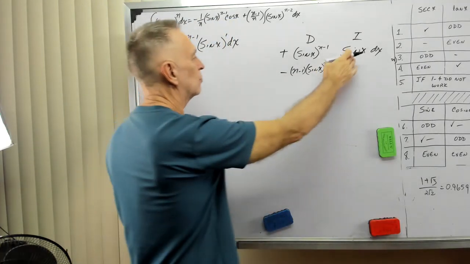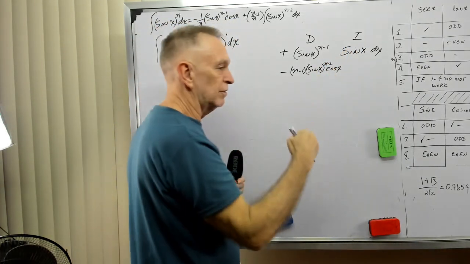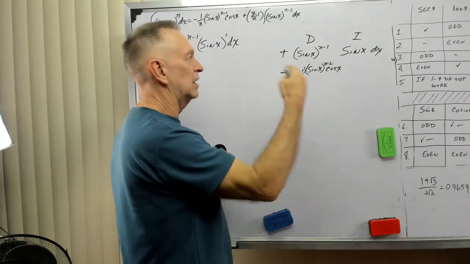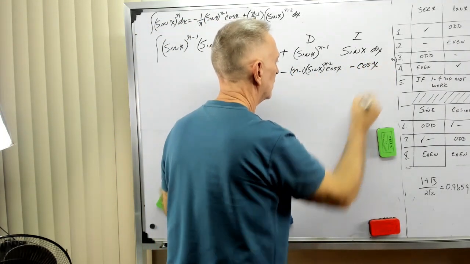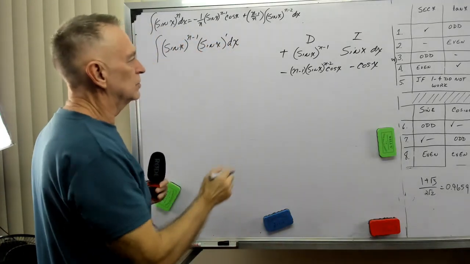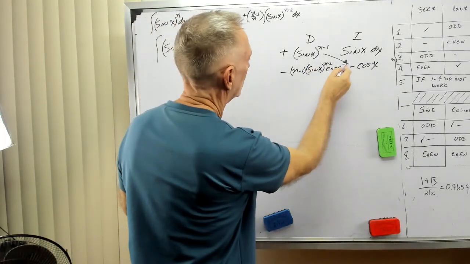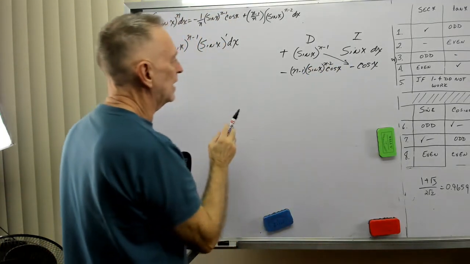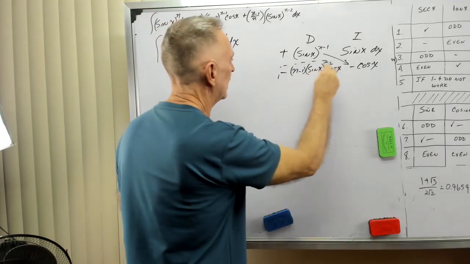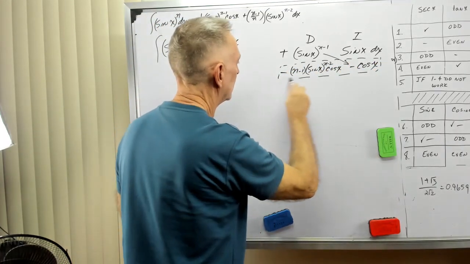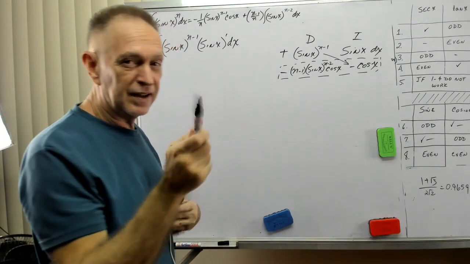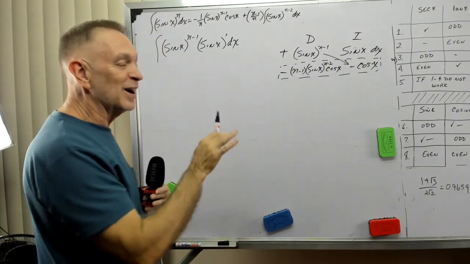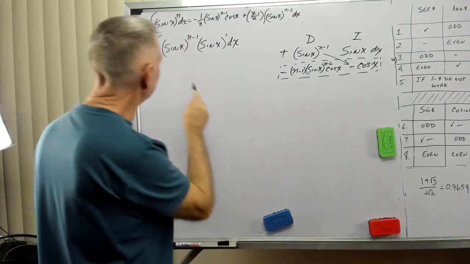The integral of sine x is negative cosine x. Now we multiply that diagonal, and then we integrate that row. I think I can integrate that row, so that's why I'm stopping there.